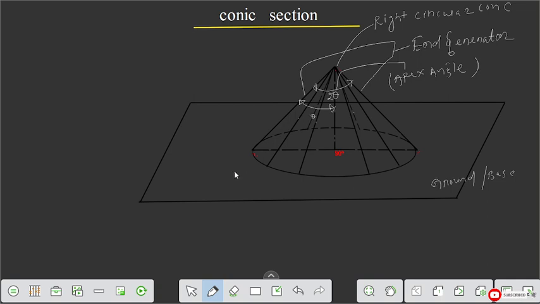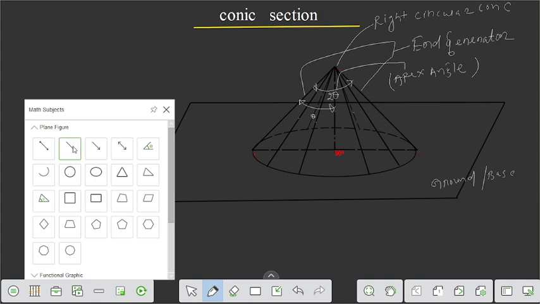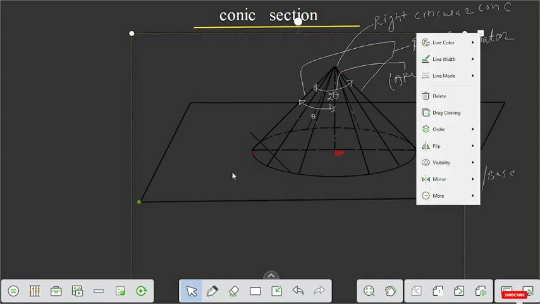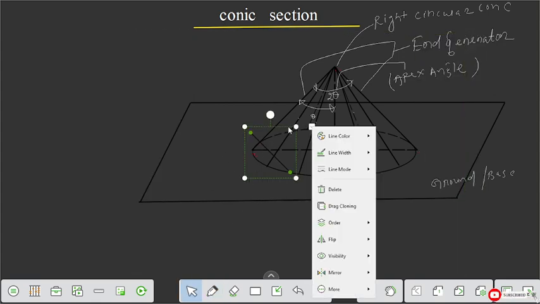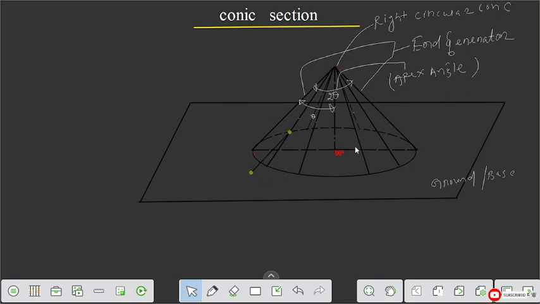Okay, so we select some cutting plane with which the cone is to be cut.